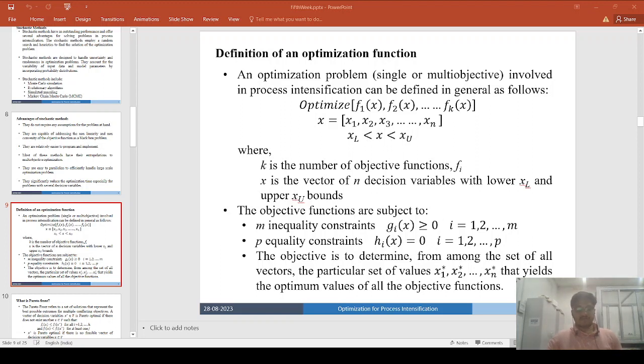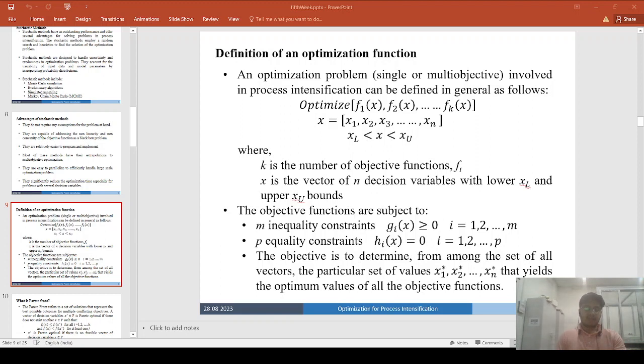So the objective functions are subject to m number of inequality constraints that you should satisfy while solving for your objective function, that okay, it should be above or below a certain inequality constraint. So basically you should not be lying in that range.